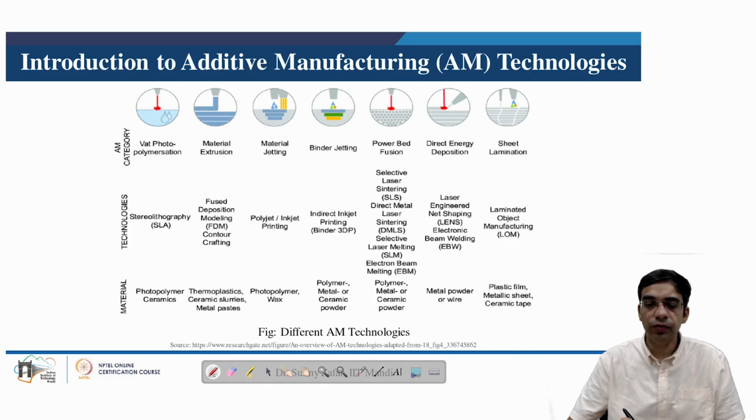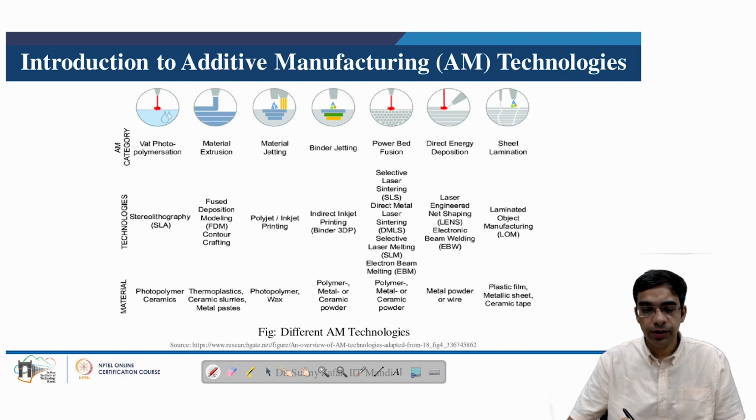Under the additive manufacturing umbrella, there are several techniques which include vat photopolymerization, material extrusion, material jetting, binder jetting, powder bed fusion, direct energy deposition and sheet lamination.